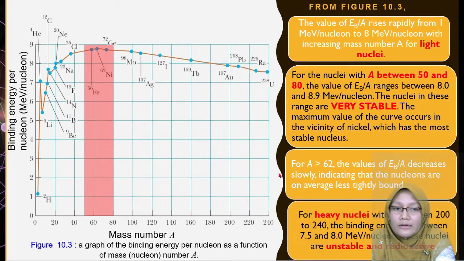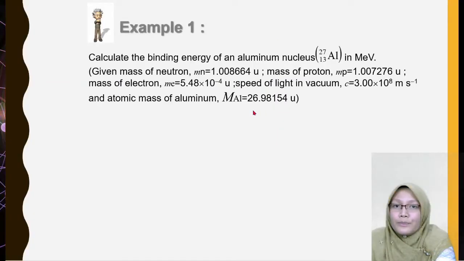For heavy nuclei with A between 200 and 240, the binding energy is between 7.5 to 8 MeV per nucleon. These nuclei are unstable and radioactive. So kat sini dia senang terurai and very unstable, and this is a radioactive element.